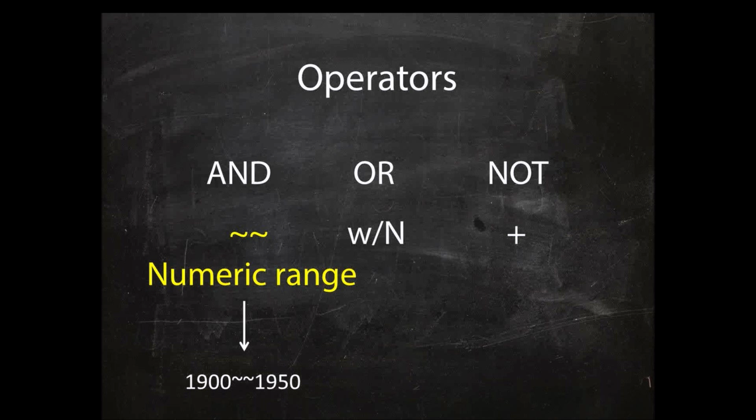And since we're working in the keyword field, there's no way for our search engine to know whether this number refers to a year, whether it refers to a population, or whether it perhaps refers to a line item on a ship's manifest. It's really just going to be looking for those numbers. So in our example, the odds of it being a year are pretty high, but they're not guaranteed.